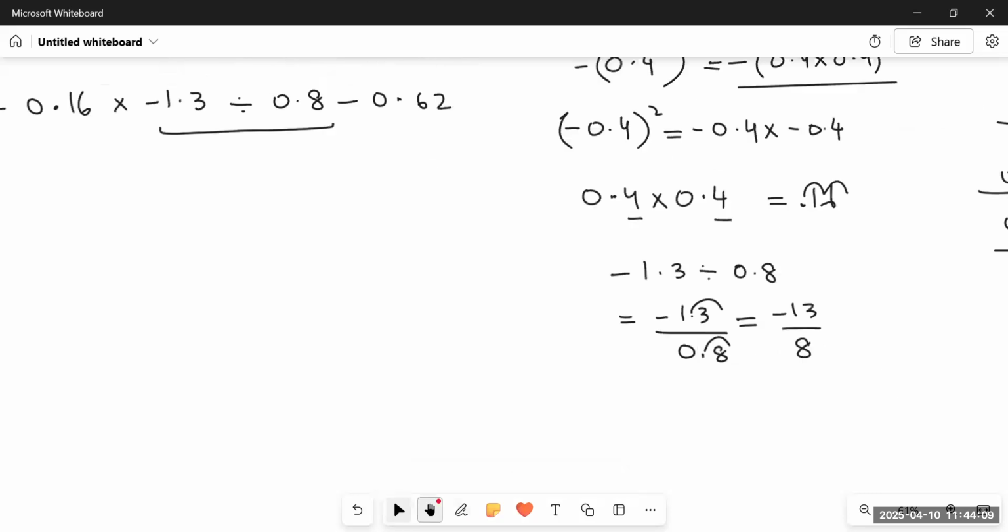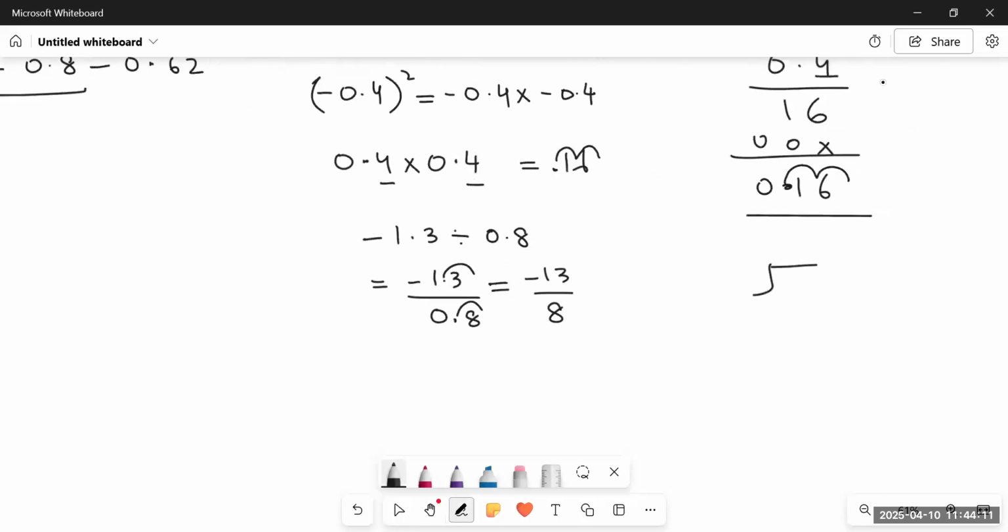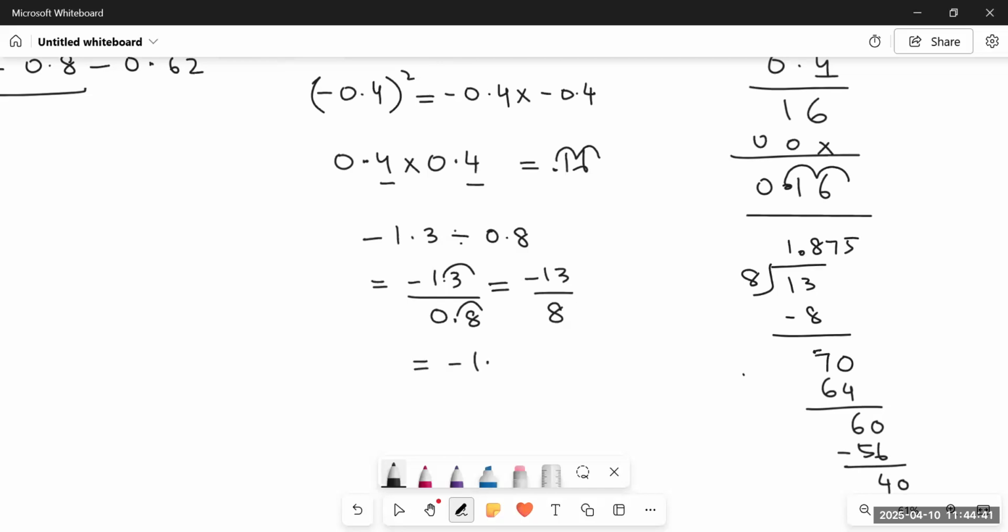So we can simply divide 13 with 8. 8 ones are 8. 7 comes down. Put a point over here. It becomes 70. 8 8s are 64. 6 comes down. We'll put a 0. 8 7s are 56. Then comes 0. 8 5s are 40. So it will be minus 1.875.